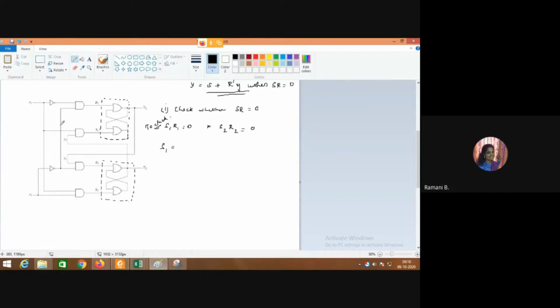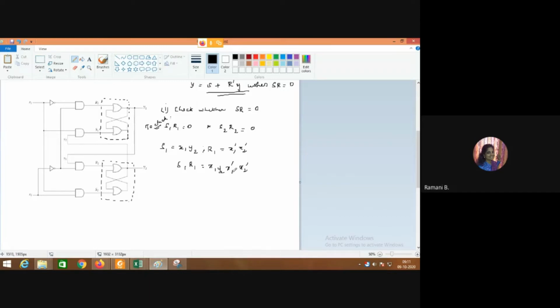S1 is X1 ANDed with Y2, and R1 is X̄1 X̄2. Checking S1R1 is equal to X1Y2 times X̄1 X̄2.